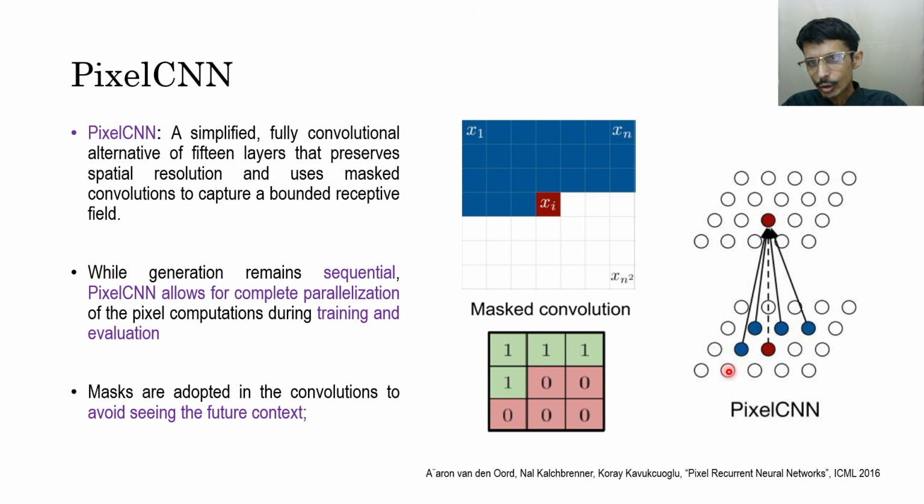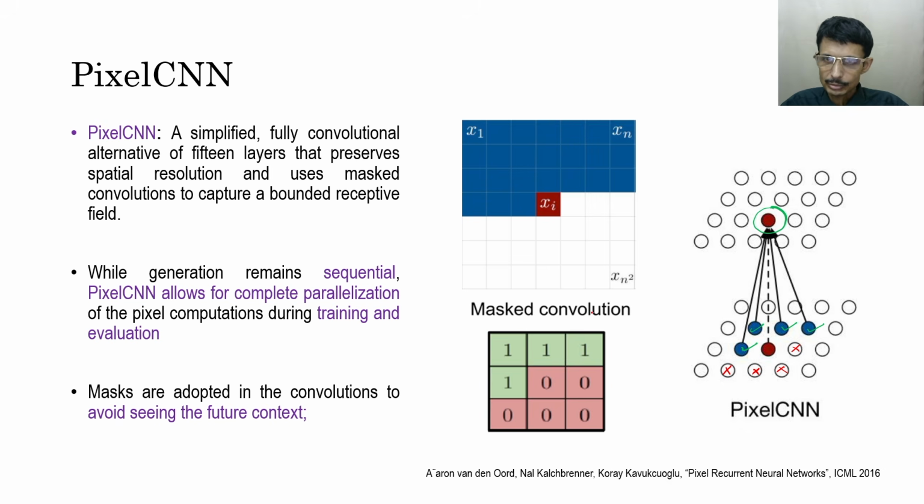They have already been generated, so they are used to predict this one. But the pixels that have not been generated yet do not participate in predicting it.